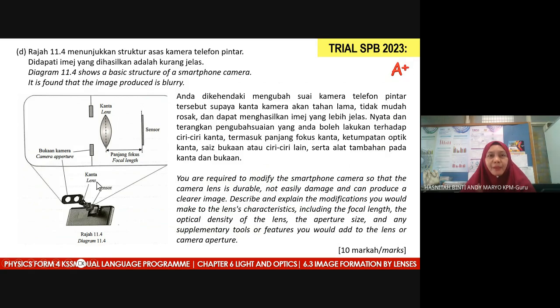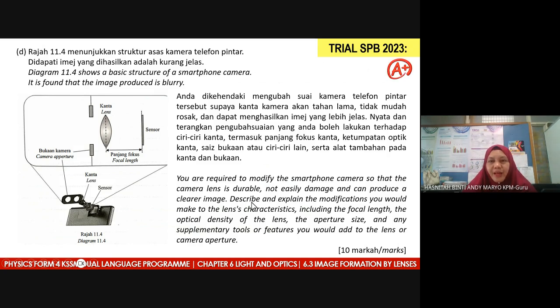So you are required to modify this smartphone camera so the lens will be durable, not easily damaged, and can produce a clearer image. Okay, for this one, you have to remember in your reason, you cannot write durable, not easily damaged, or clearer image. Must give a reason, any reason other than this. Okay, same meaning but different sentence.